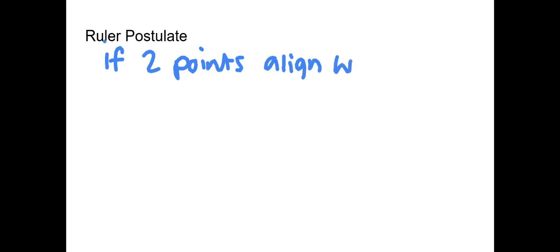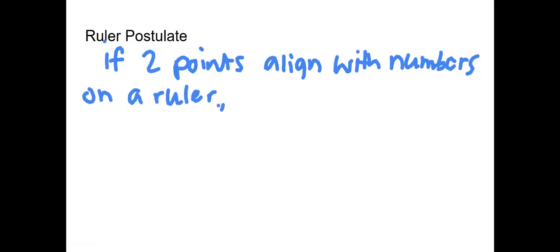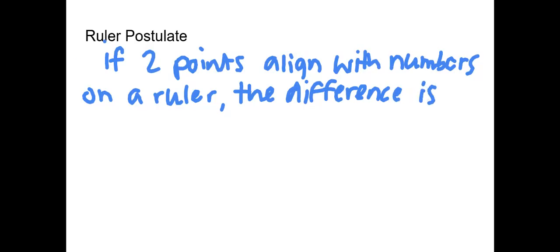Okay, so now we have a postulate, and a postulate is like a property, it's like a rule. And the ruler postulate says that if 2 points align with numbers on a ruler, the difference in the numbers is the length.